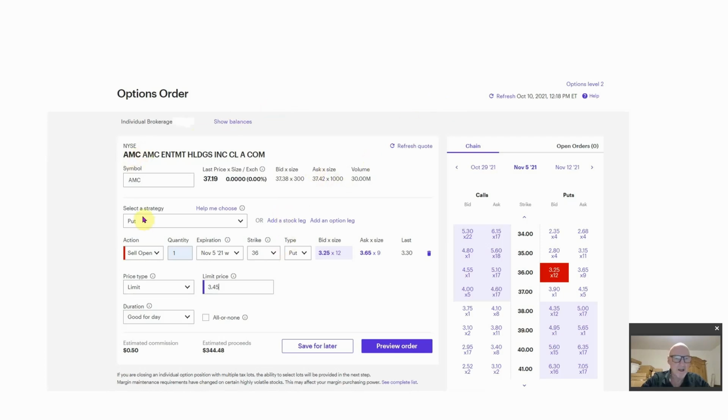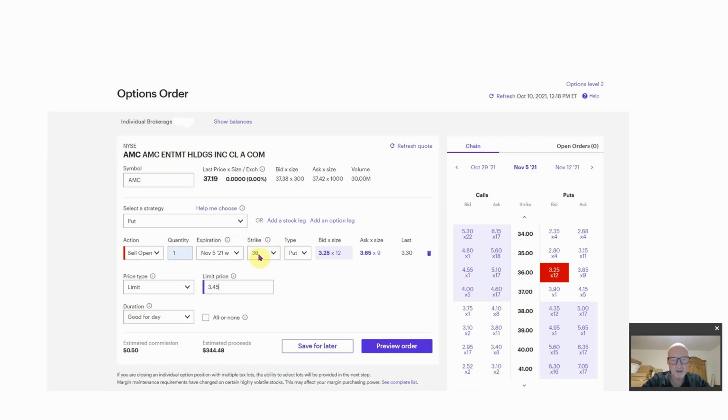All right, there's your strategy. Of course, if you clicked on this, you would have 20 different strategies you can choose from. Well, we want to do a put. We want to sell open, 1 contract, expiration date. If you have a platform, you can click on the i and it'll explain that to you. If you have a strike price, you click on the i, it'll explain it to you.